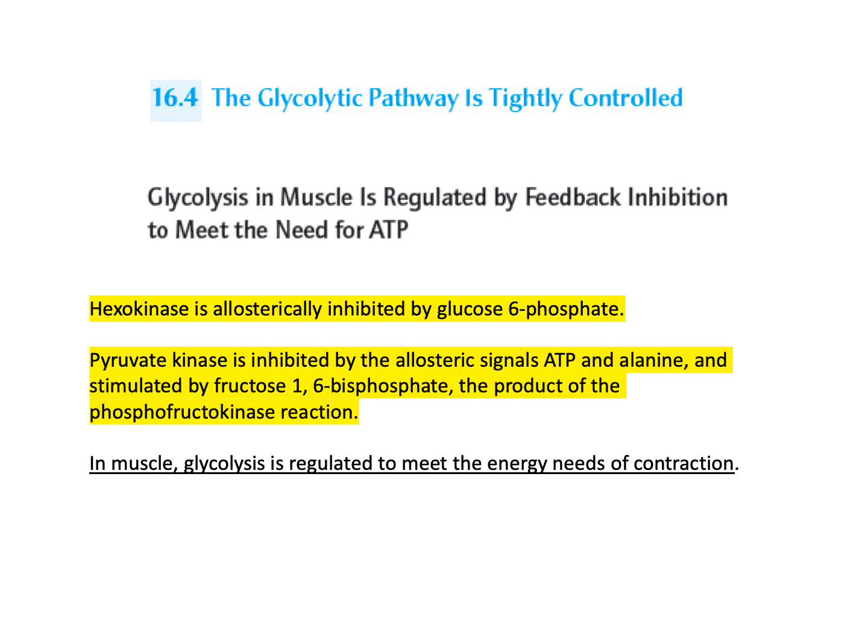In muscle, hexokinase is inhibited by glucose 6-phosphate. Pyruvate kinase is inhibited by ATP and alanine, and stimulated by fructose 1,6-bisphosphate.